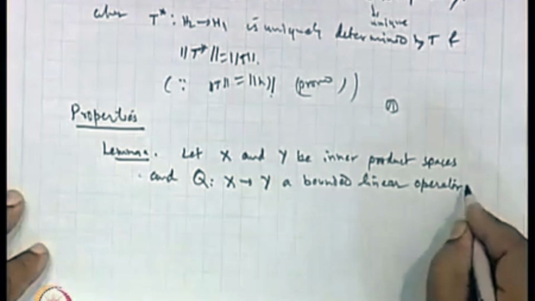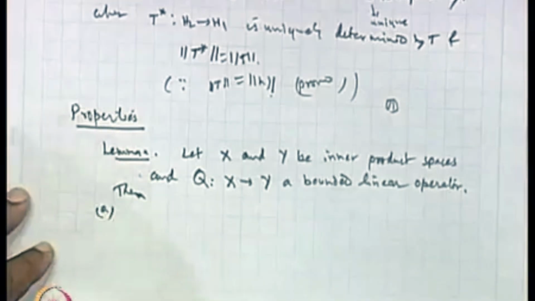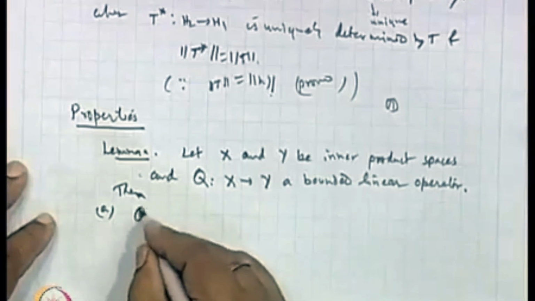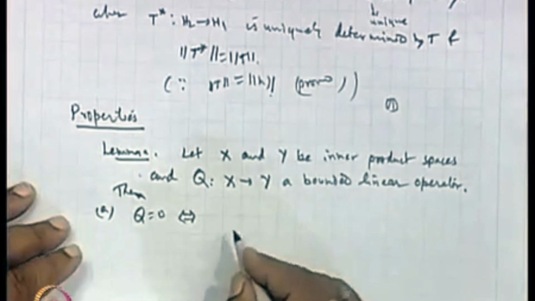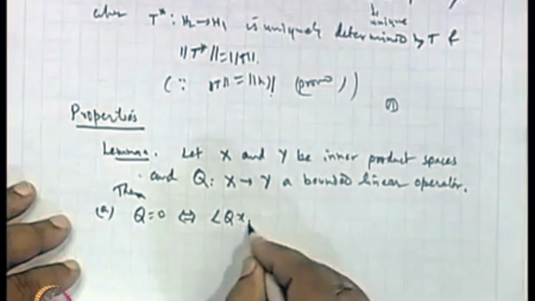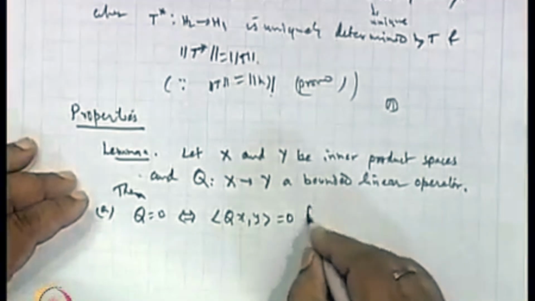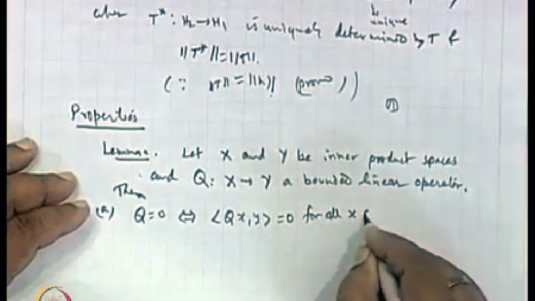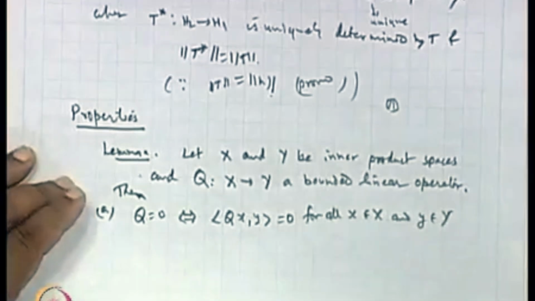Then Q is 0 if and only if the inner product of Qx comma y is 0 for all x belonging to X and y belonging to capital Y.